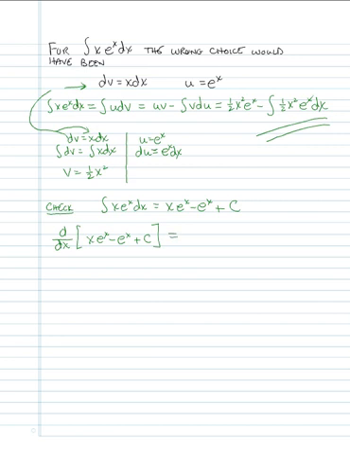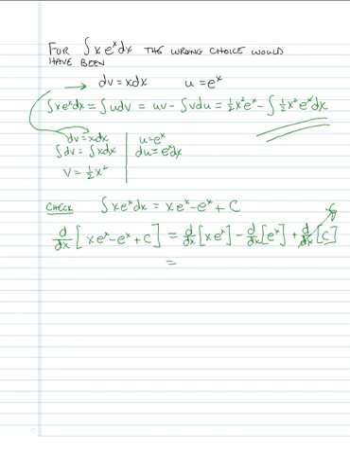And as we're differentiating, we'd first find the derivative of x e to the x, and then subtract the derivative of e to the x, and then add the derivative of our constant. But of course, the derivative of the constant is 0.